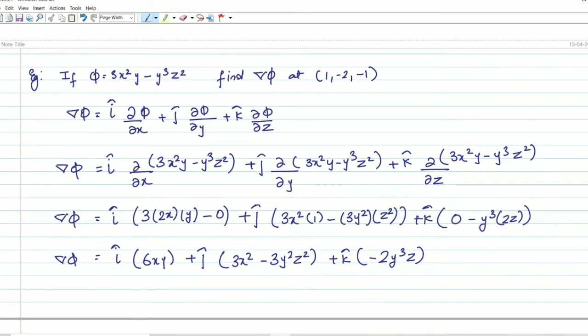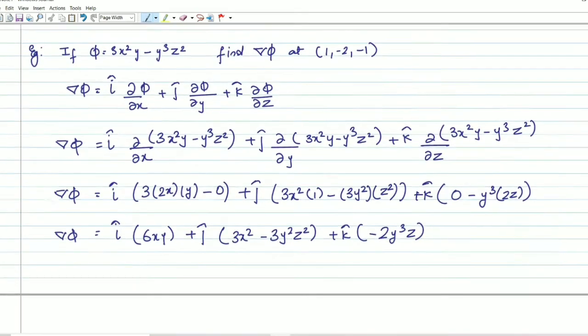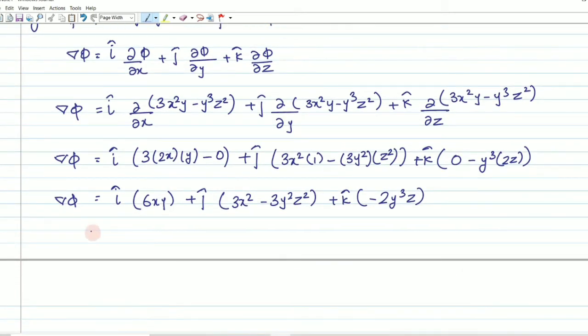We have to find del phi at 1 comma minus 2 comma 1. So at which value do we have to find del phi? At 1 comma minus 2 comma 1.